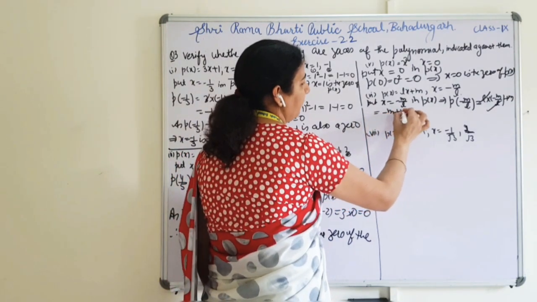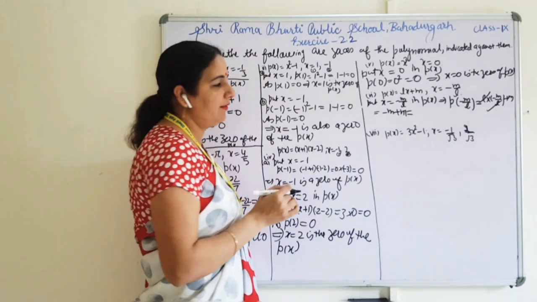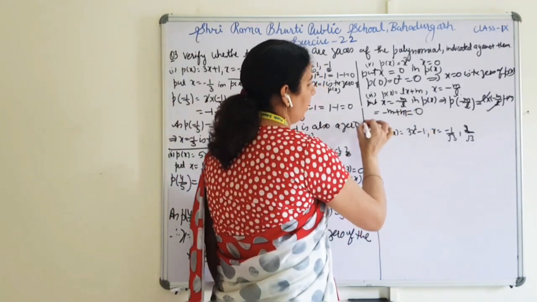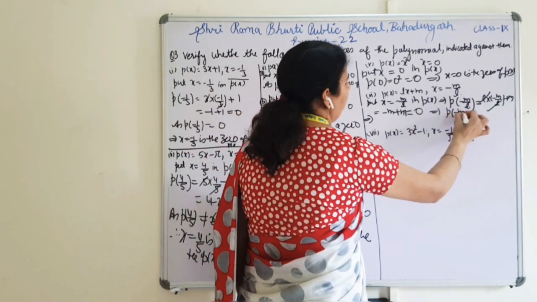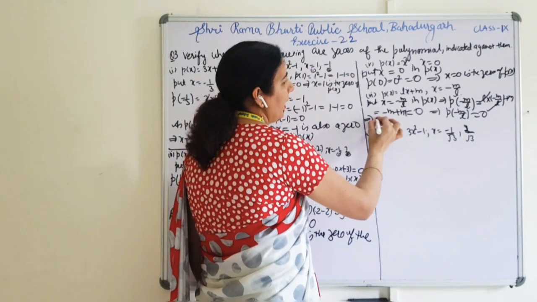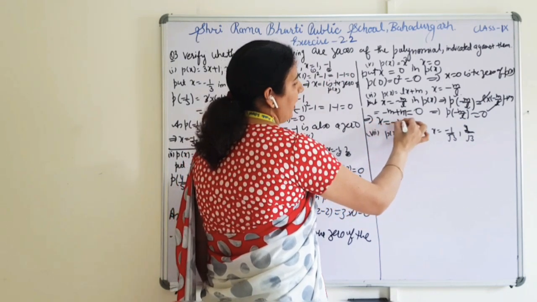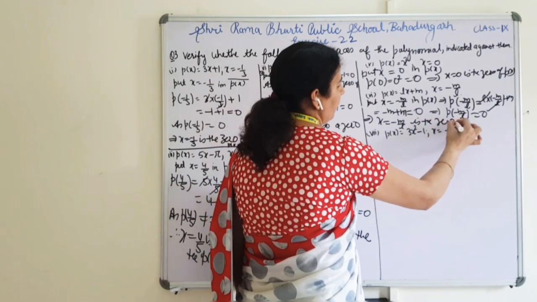Minus m plus m. One number is positive, one number is negative, and both are having the same value, then it will be 0. This implies p(-m/l) is equal to 0. Therefore, x is equal to -m/l is the 0 of the polynomial.